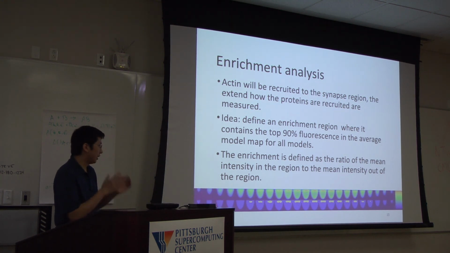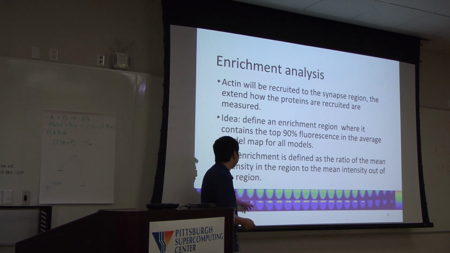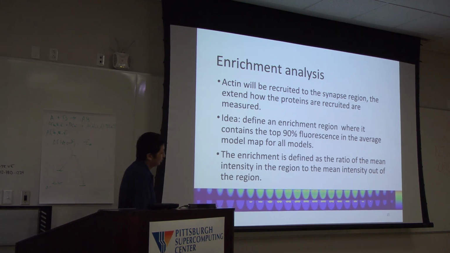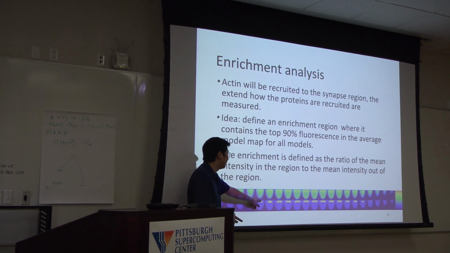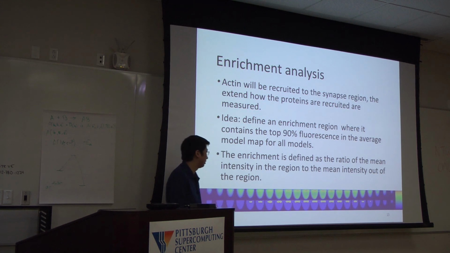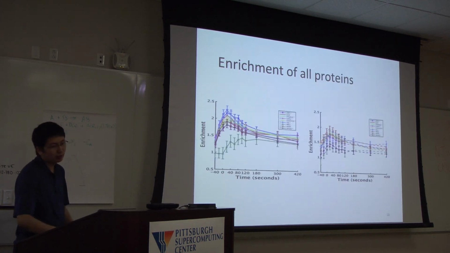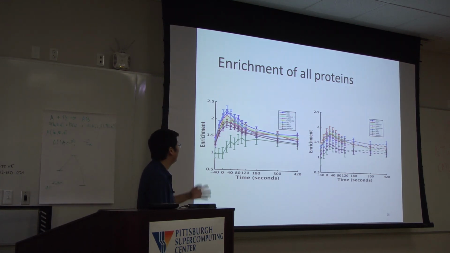And then we can define the enrichment as the ratio of the mean intensity within this region and outside of this region. So if there is enrichment in this region, this means the mean intensity in this region will be higher than the region outside of it. So the ratio will be larger than 1. And we do the analysis for all proteins at all time points for 2 conditions.